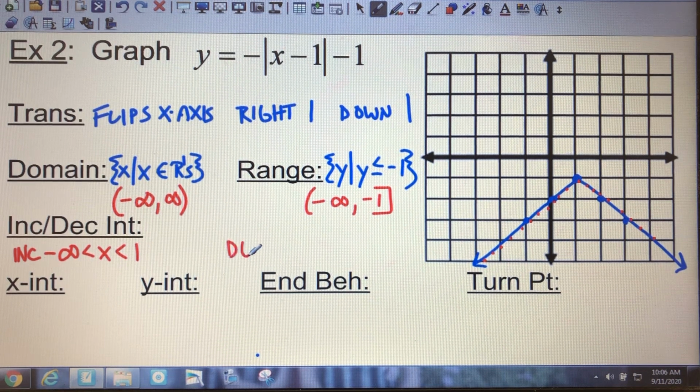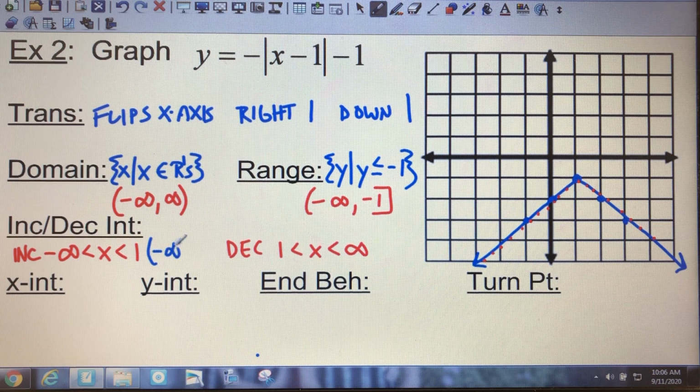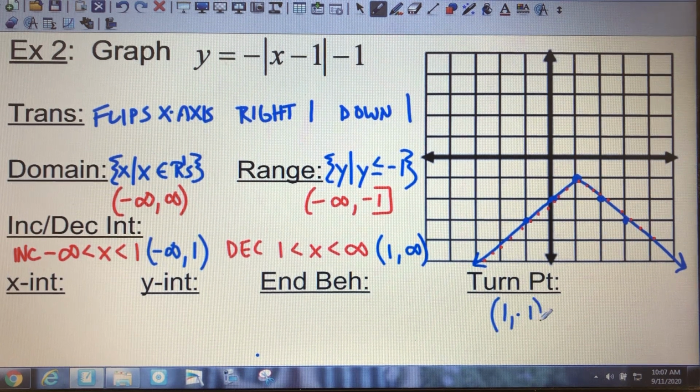So we're decreasing from 1 to positive infinity. So the other way to represent that would be like such. Again, these are roundish brackets always. The domain is when you have that square bracket you have to be worried about. Okay? So the turning point was at 1, -1, and that is a max in this case. Remember, that's referred to as your extrema.